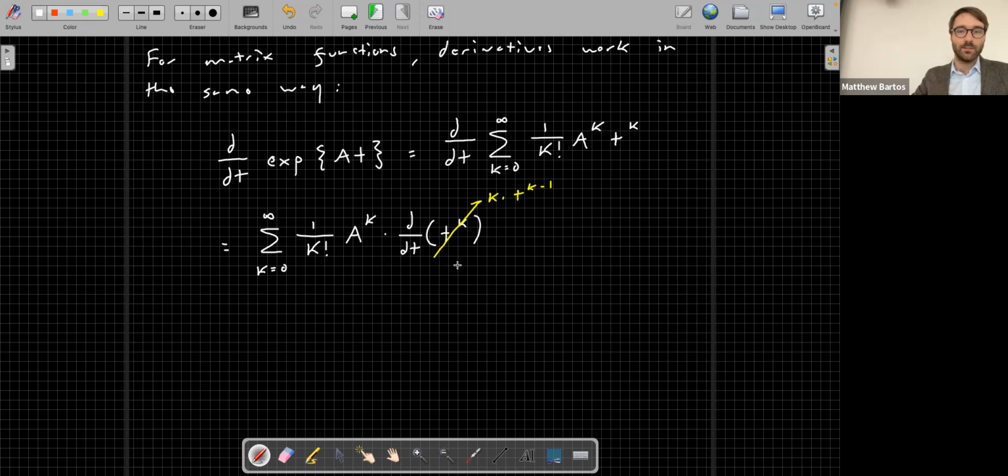Okay, so let's go ahead and do that. So we end up with the sum from k equals 0 to infinity of 1 over k factorial times A to the k times t to the k minus 1. And I'm just going to move the k over here. Okay, so we took this k from our derivative of t to the k, and I just moved it over to the top of this fraction here.